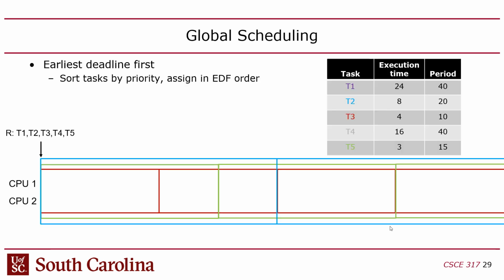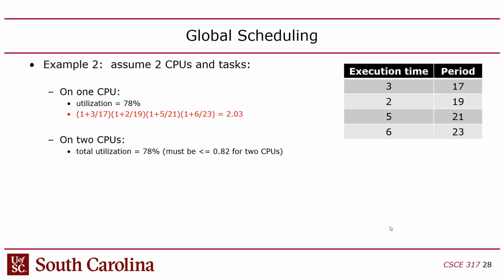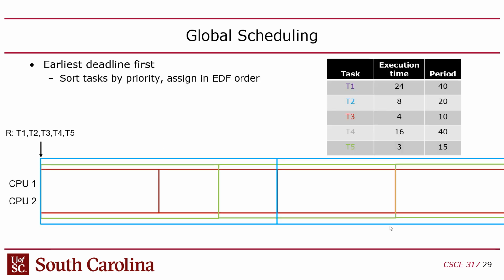Okay, here's another example, and then there's global scheduling. So there is an EDF for multiple CPUs. As I mentioned, you have to think of this like every time a period starts, you have to calculate which tasks are ready at that point.